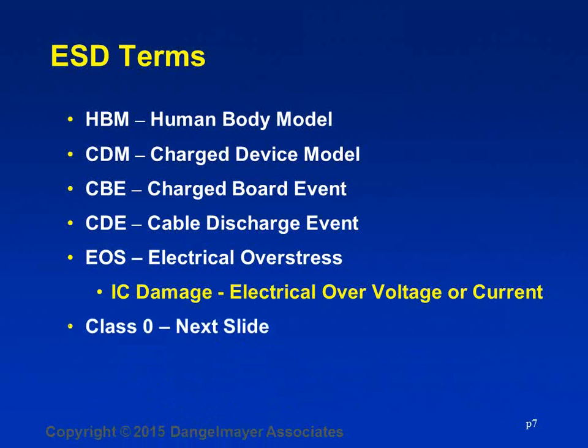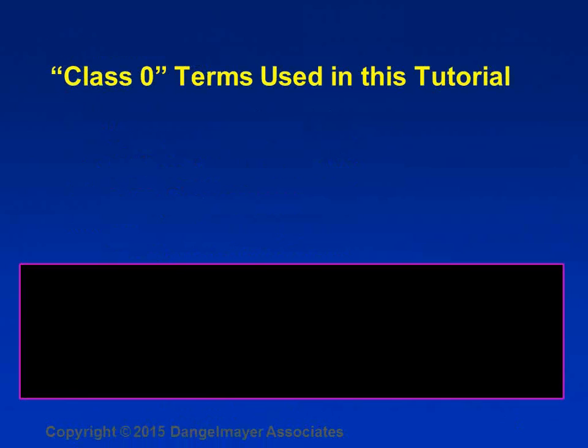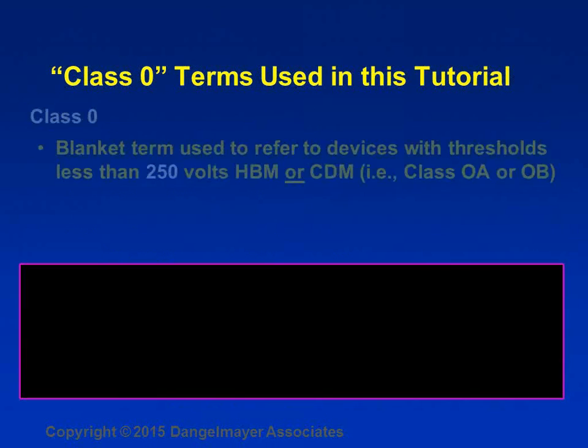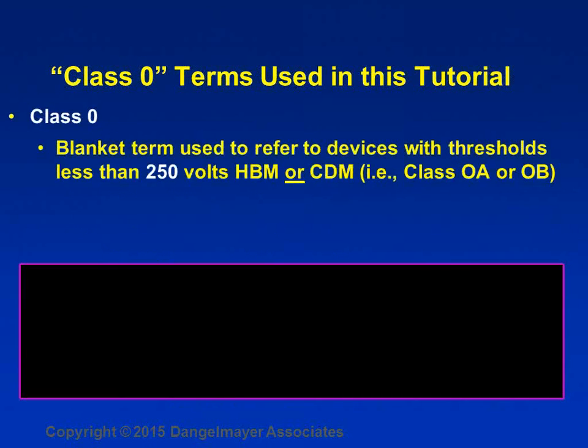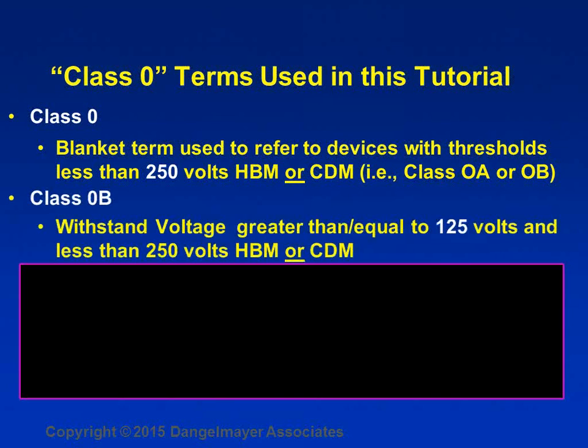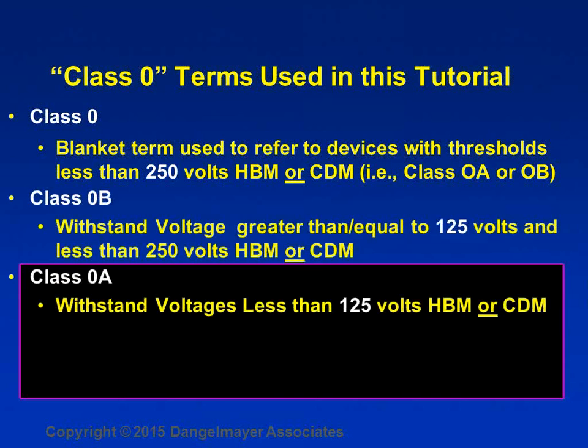And then we'll be using the term Class 0. When we use that term, we're referring to devices with thresholds less than 250 volts for either HBM or CDM. And this includes the new categories established by the ESD Association, Class 0B and 0A, which, as you can see here, are sub-levels of the 250 volt entry point for Class 0.